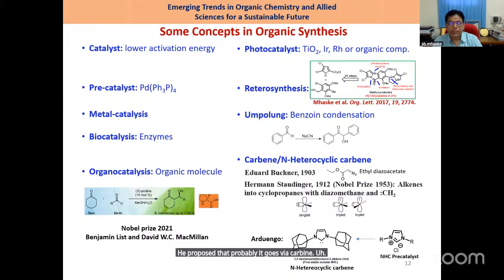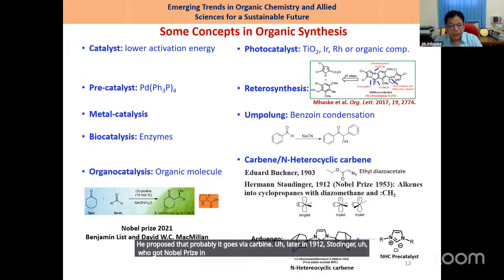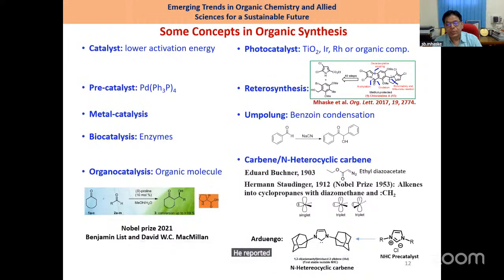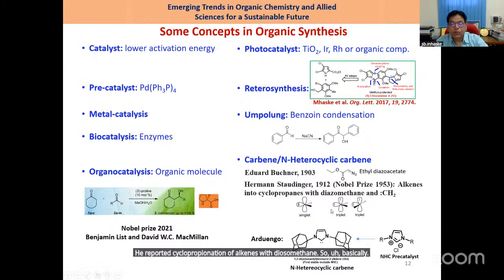Later in 1912, Staudinger, who got the Nobel Prize in 1953, reported cyclopropanation of alkenes with diazomethane. Basically, these carbenes are in two forms. One is singlet, and the other one is triplet. The triplet are high energy forms. So you know that there are different types of carbenes, Fischer and Schrock carbenes, reported.